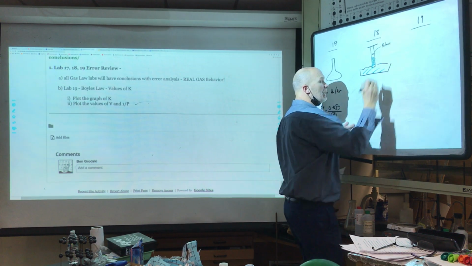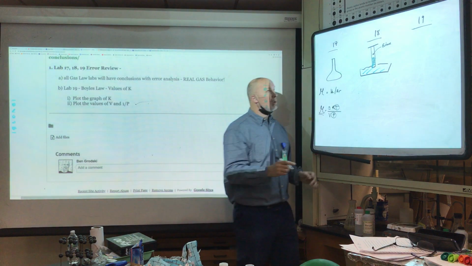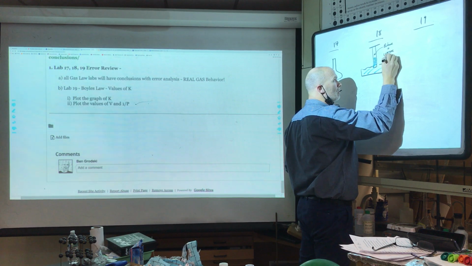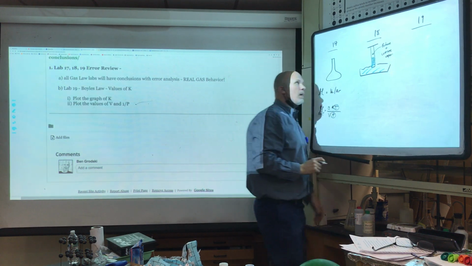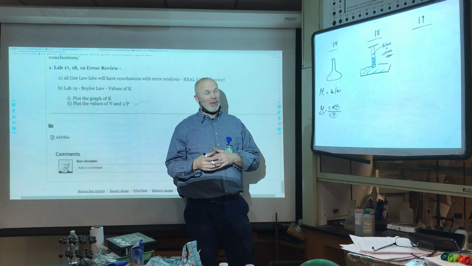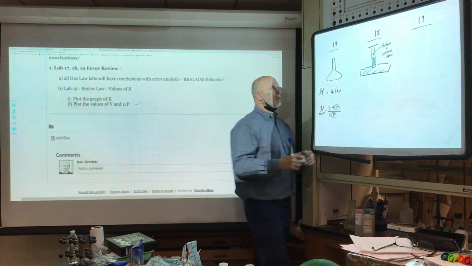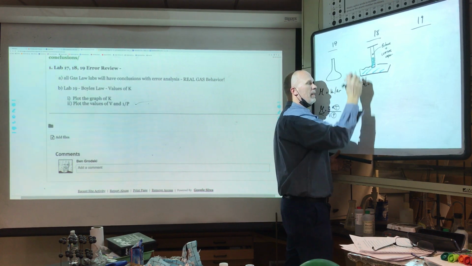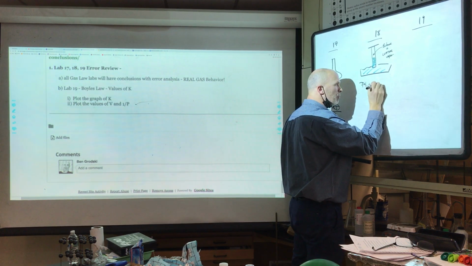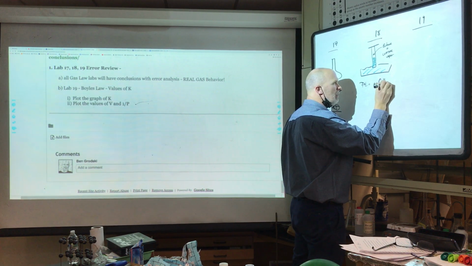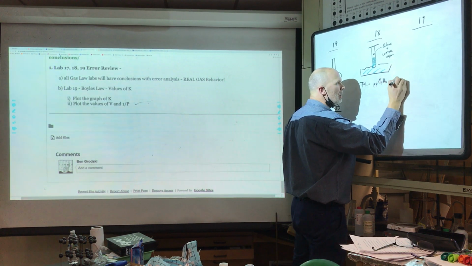But because we collected it by water displacement, and water is always evaporating, we also collected water vapor. Okay. And this was a little more advanced lab because we had a couple of things involved here. Number one, we had pressure total in the flask was equal to the partial pressure of the butane, C4H10, plus the partial pressure of the water.